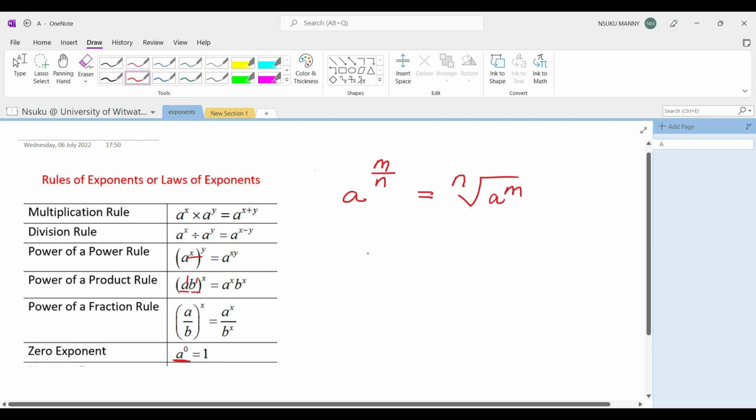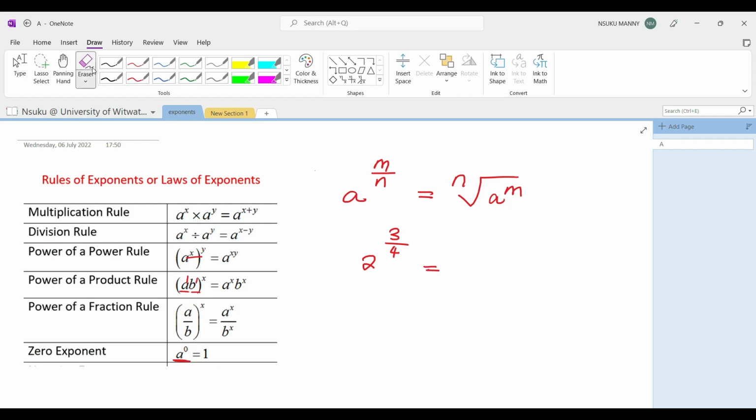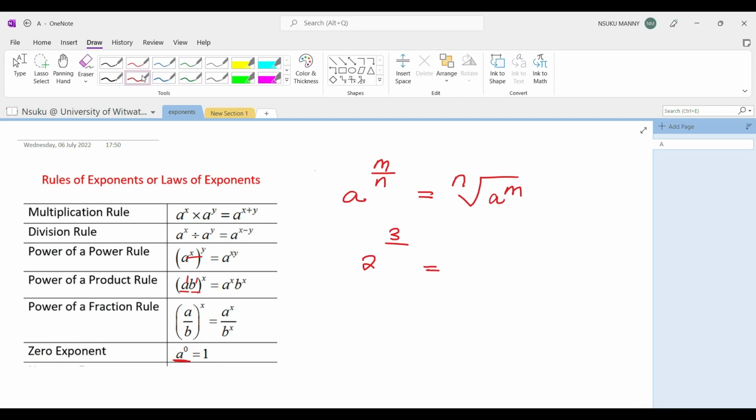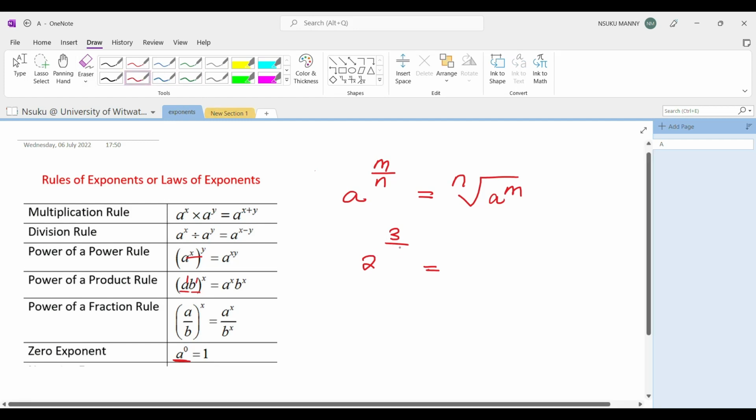Let's rewrite that using numbers to understand what that means. If I had something like 2 to the power of 3 over 2, this would be the same as me saying the square root of 2 to the power of 3.